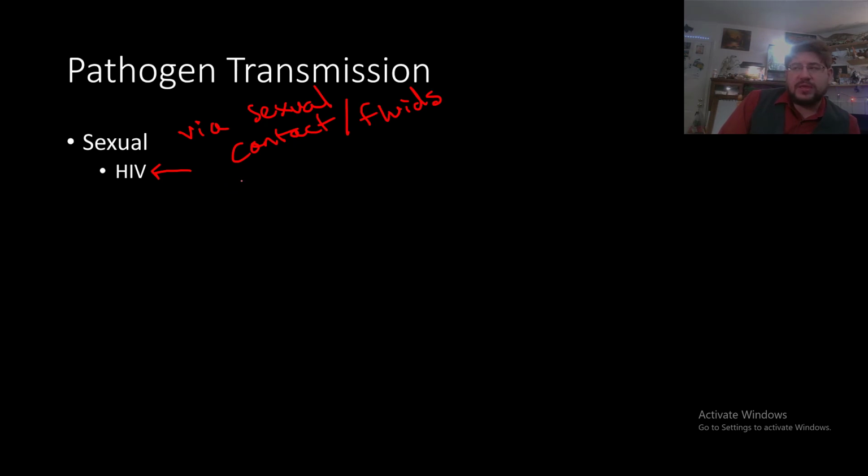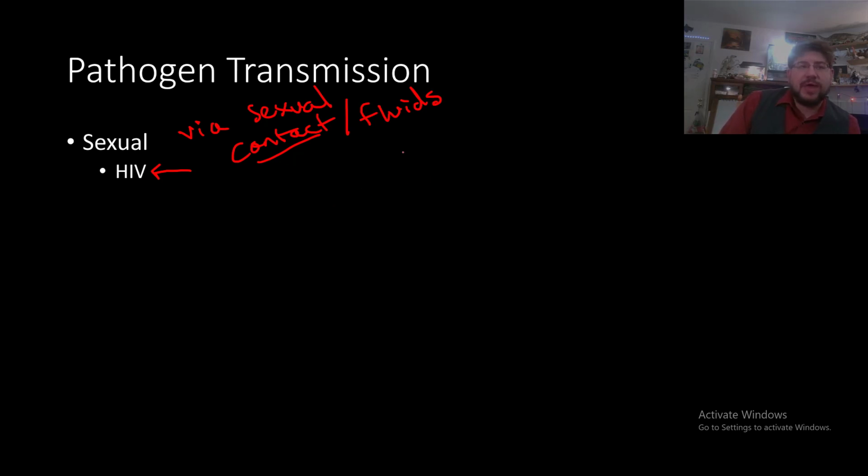Something like herpes is transmitted just by contact. Herpes is cold sores that develop on the skin. And so when you have an active herpes infection, the cold sores are present on the skin, and someone comes into contact with an open cold sore, the herpes is spread via contact.